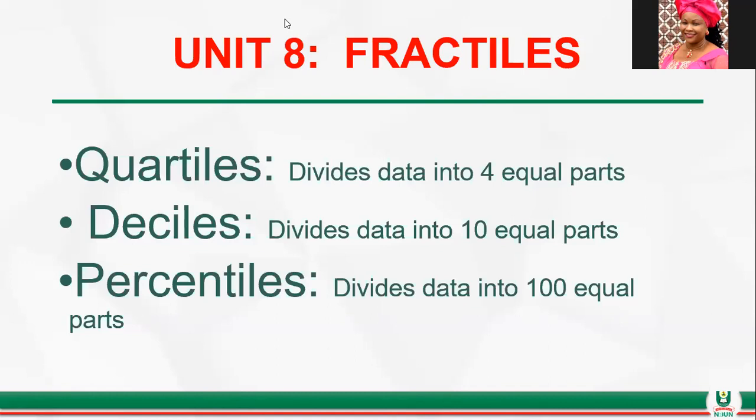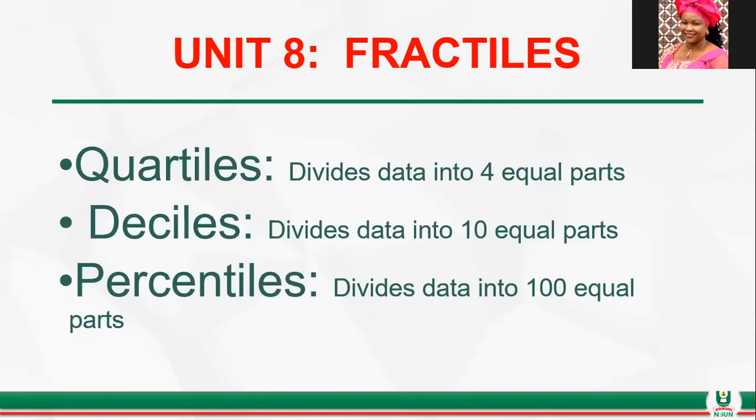And under fractals, we have quartiles, deciles, and percentiles. So the quartiles are divided into 4 equal parts. The deciles divides data into 10 equal parts, while the percentiles divides data into 100 equal parts.